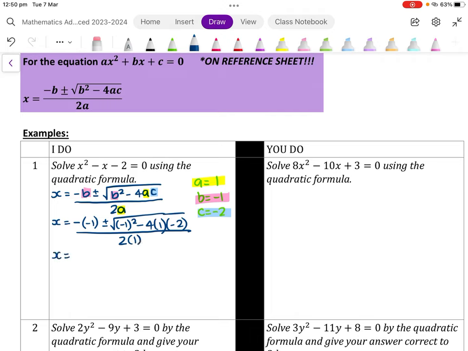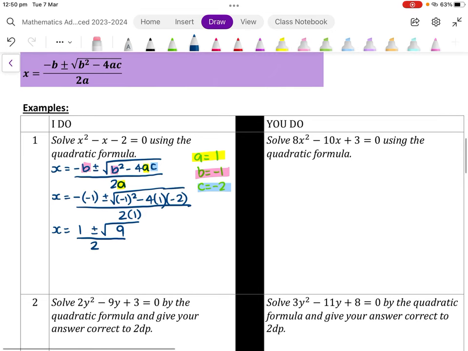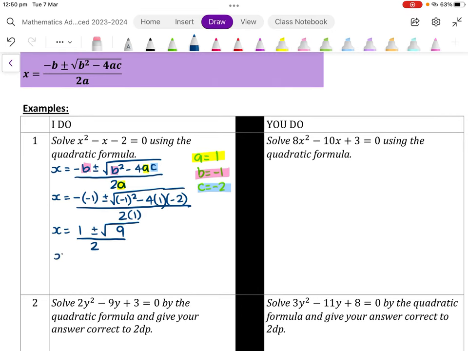So our x is then equal to negative times negative 1 is just positive 1, plus or minus the square root of negative 1 squared minus 4 times 1 times negative 2 is 9, all over 2 lots of 1 is just 2. So then we have x equals 1 plus or minus the square root of 9 is 3 over 2.